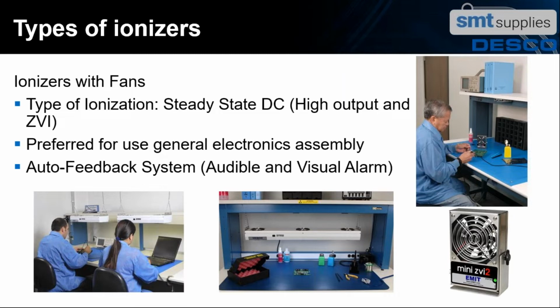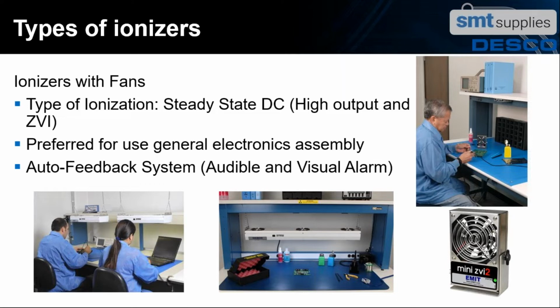Steady state DC means that each emitter point inside the ionizer produces either positive or negative ions, which is different than the AC, which I said produces both positive and negative on each emitter point. And one of the things about AC ionization is that the ions are being produced at 60 hertz, which is every 60th of a second.